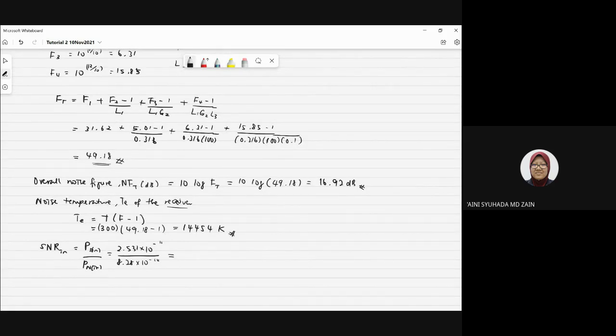So get the ratio, and then we can calculate that value in dB.